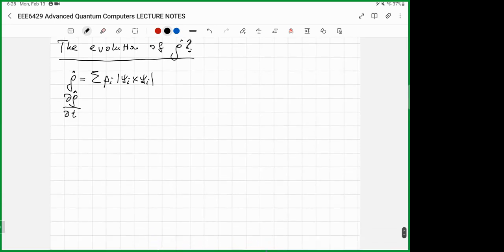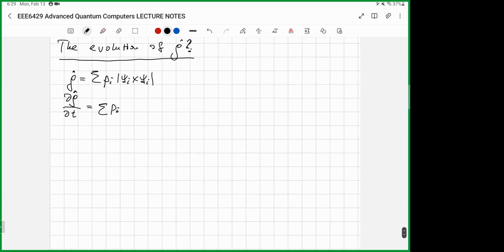And we take the derivative of this density operator by time, and the probabilities don't depend on time. I mean, in general they do, but let's consider the steady-state case, when the probabilities don't depend on time.